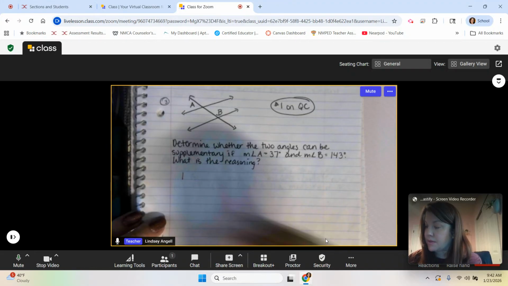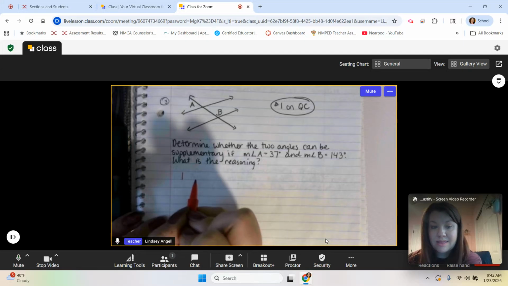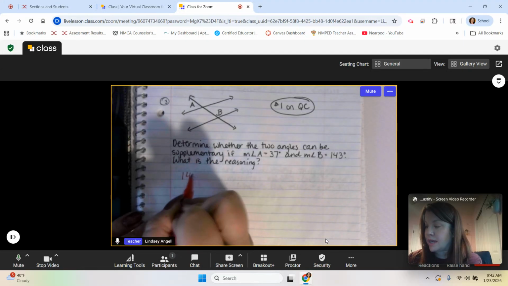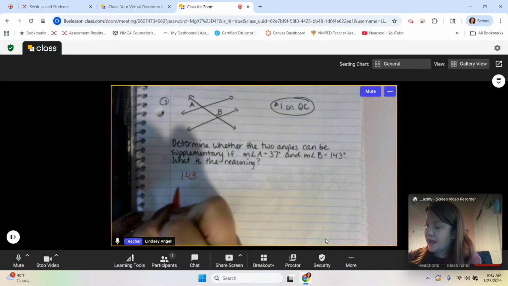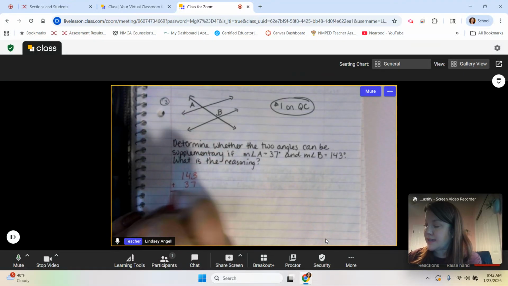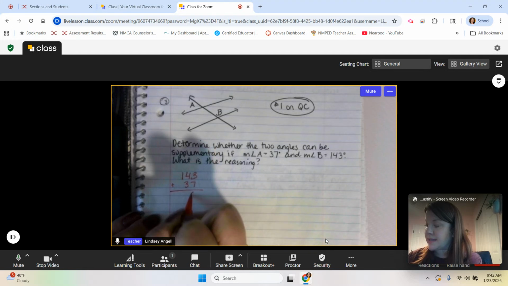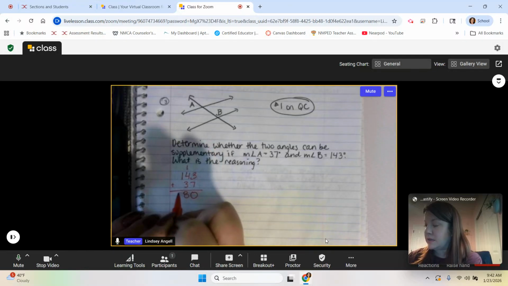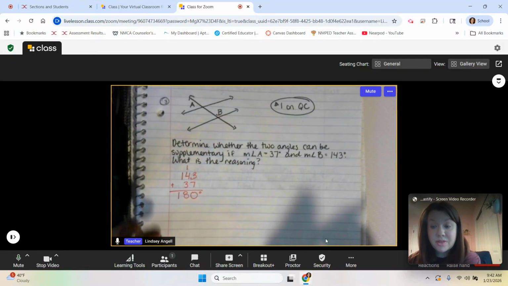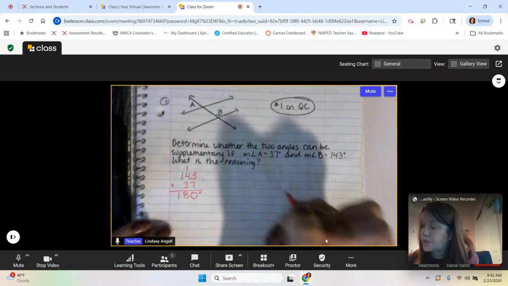Let's see here. If they're supplementary, they have to add up to 180 degrees. So I could take 143 and add it to 37. 3 plus 7 is 10, drop my 0, there's my 8 and 1. So they do add up to 180 degrees.